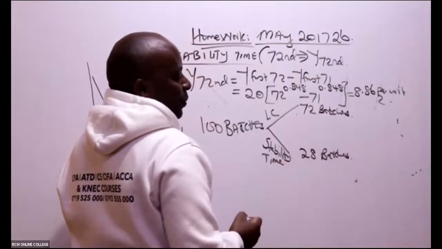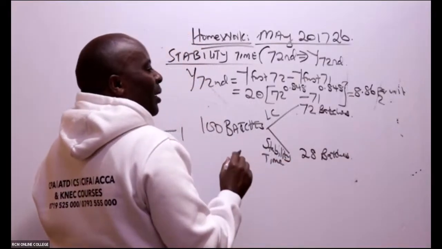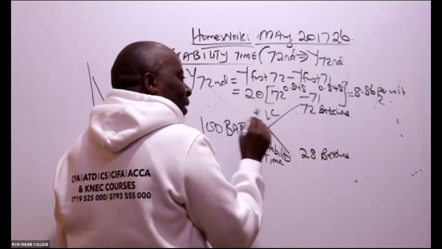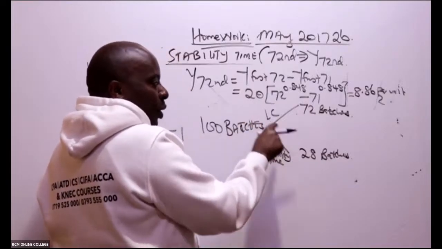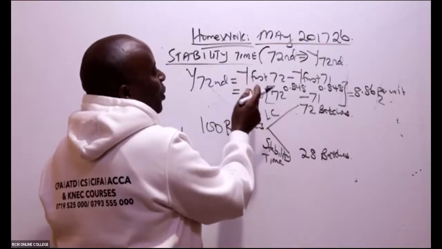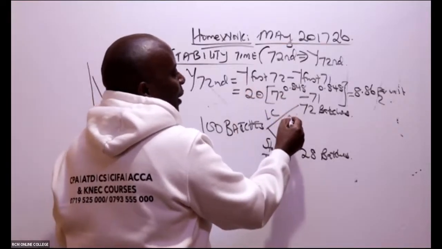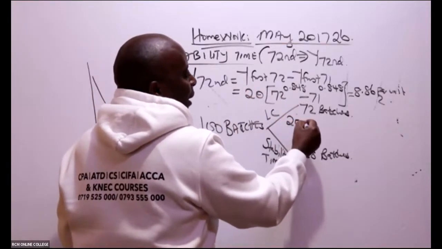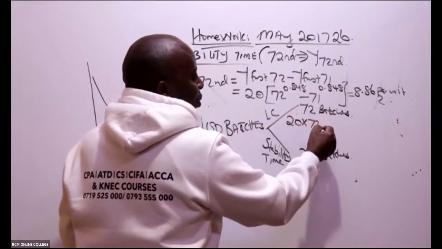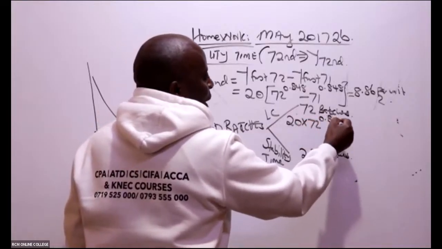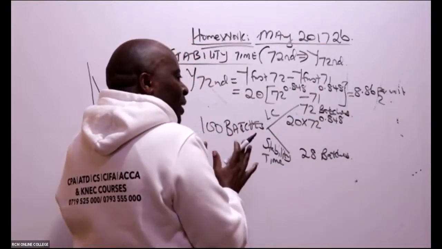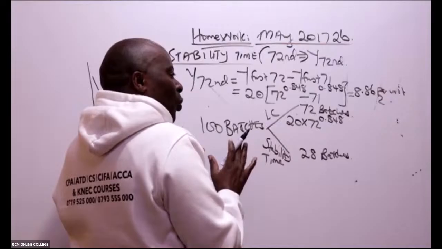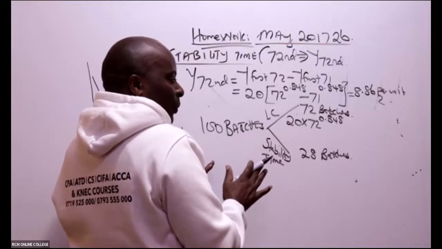But now remember, the first 72 batches, we are using the learning curve equation to estimate. Our LC equation is 20 times X, which is 72, raised to 0.848. So the first 72 batches, we are using the learning curve.